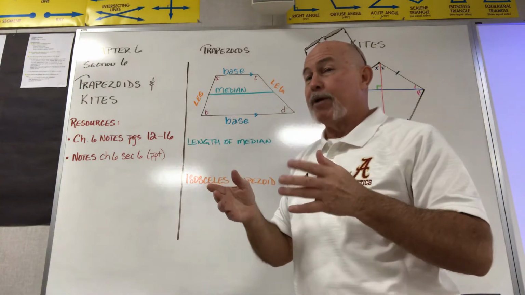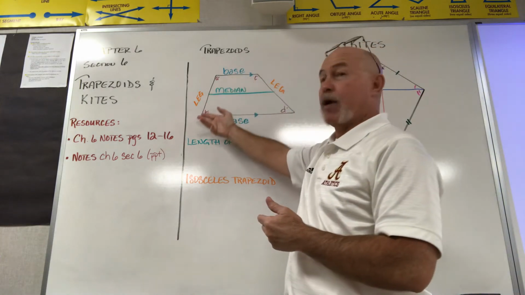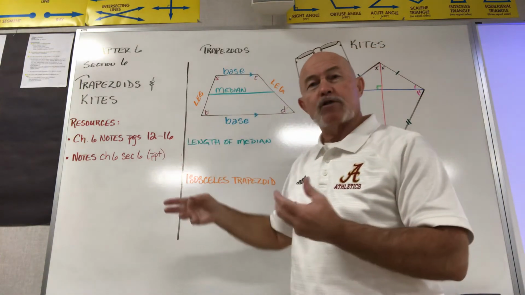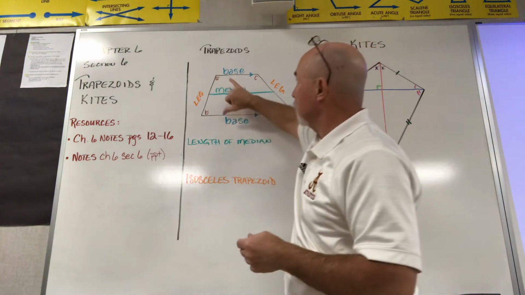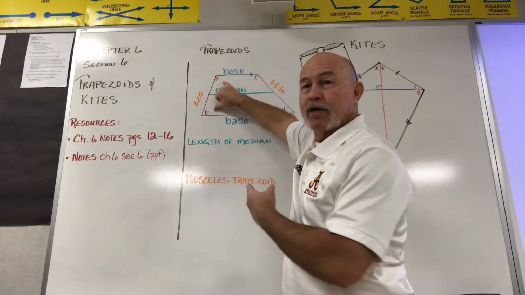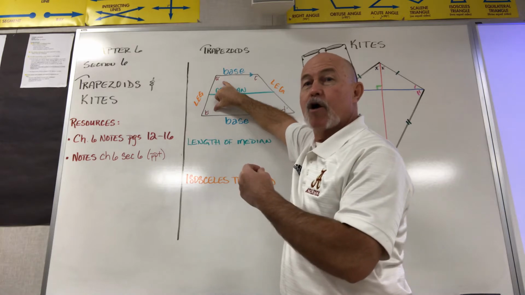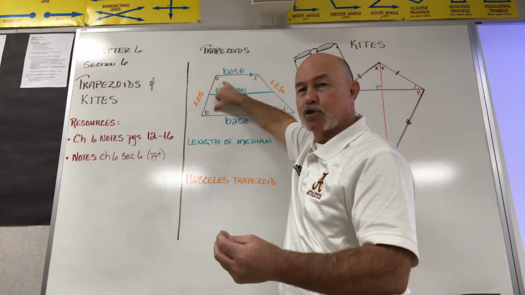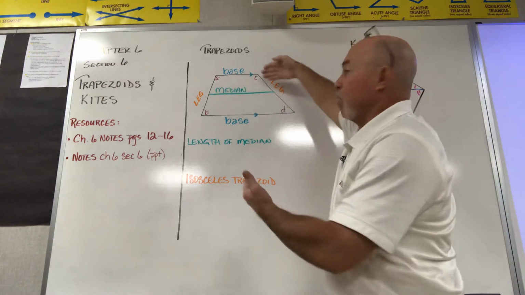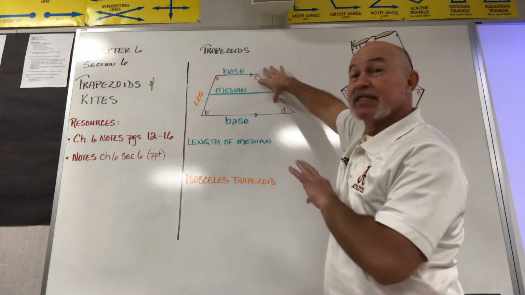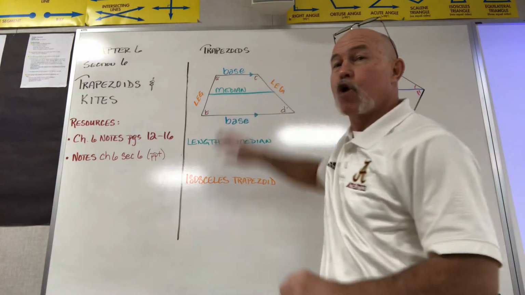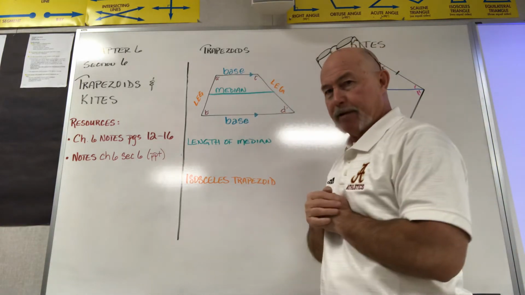When we talked about parallel lines with transversals, we are talking about consecutive interior angles. So A degrees and B degrees are supplementary. Over here, parallel lines, another transversal, C degrees and D degrees are also supplementary.